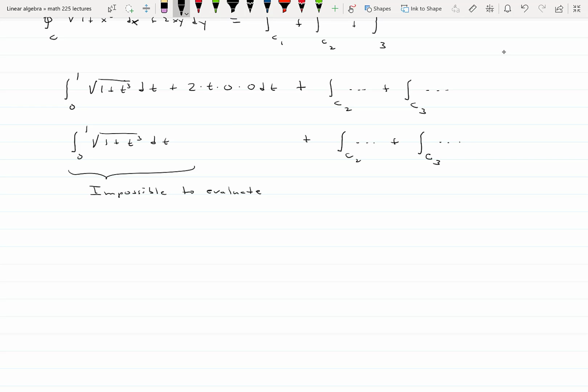This integral is an example of what's called an elliptic integral, and they're nasty in the sense that they cannot be evaluated by using the fundamental theorem. There is no elementary antiderivative for the square root of 1 plus t cubed. So that's a problem if we want to evaluate this line integral. So let's see what happens with Green's theorem.